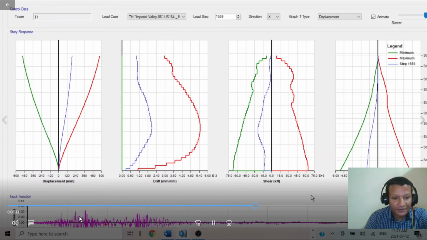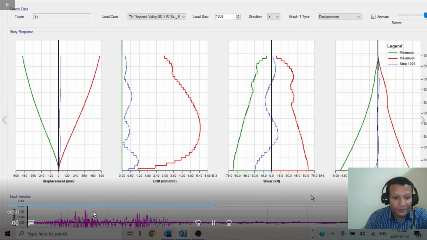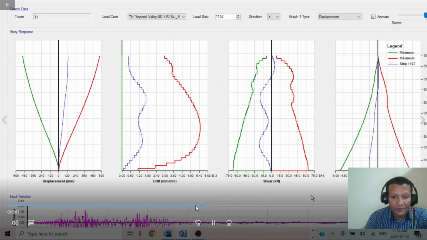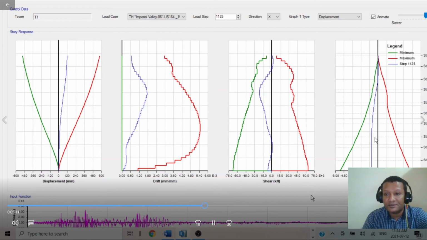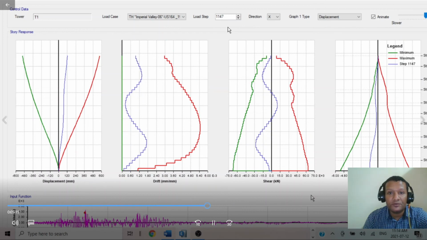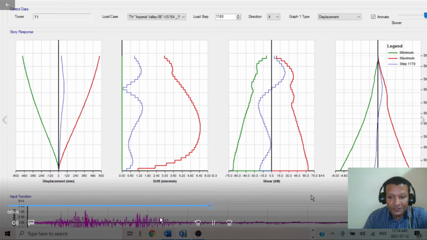You see, especially around here, maybe it's very high. So this is minimum and maximum, and this is the time step 1, 1, 3, 6, 7. It will continue. This is a time step as per each division.